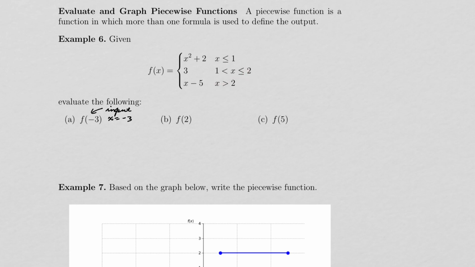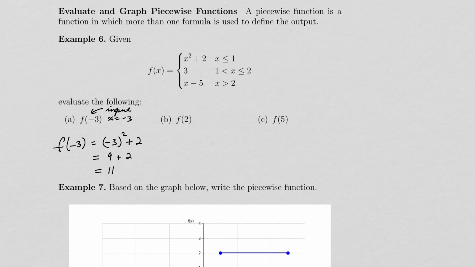Since it's negative 3, I'm in the first piece, right? Negative 3 is less than or equal to 1. So I have to use this piece to evaluate the output. So f of negative 3 is going to be negative 3 squared plus 2. And this, of course, is positive 9 plus 2, which is 11.